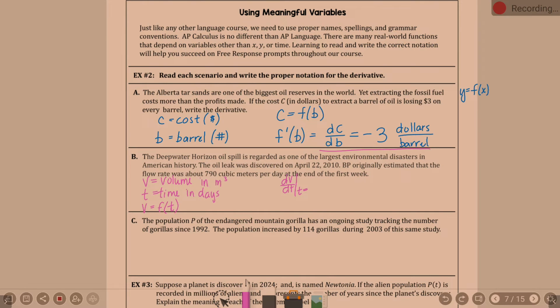Our information says the flow rate was about 790 cubic meters per day at the end of the first week, and a week is 7 days. Our time is listed in days. So dV over dt, evaluated at T equals 7, is equal to 790 cubic meters per day.